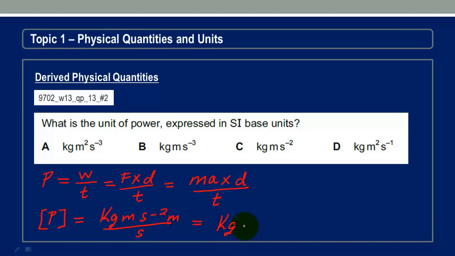This meter and this meter gives us meters squared, and this is per second cubed, like that. So kilograms meter squared per second cubed is the SI base unit of power. And so the correct answer is A. So in order to get the answer to a question like this one, it's not mere recall. There is a process which must be followed.